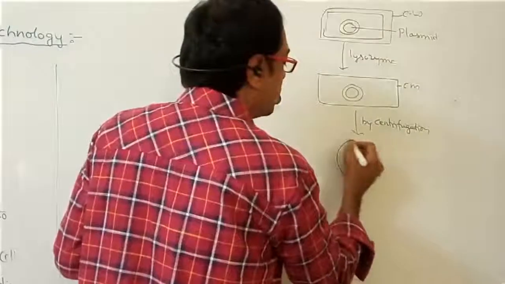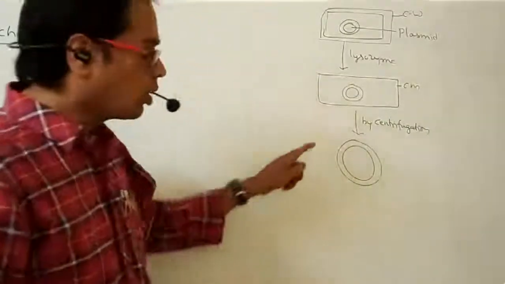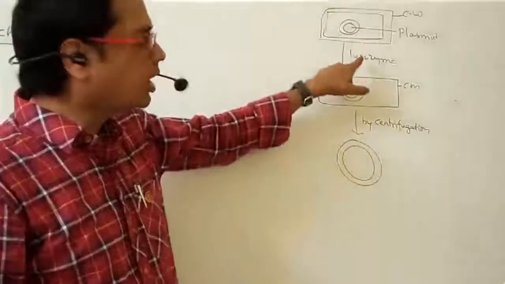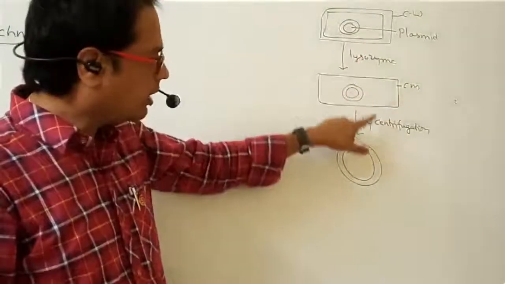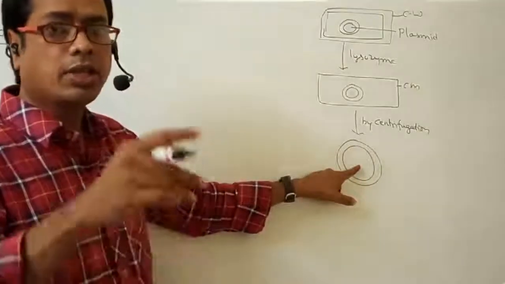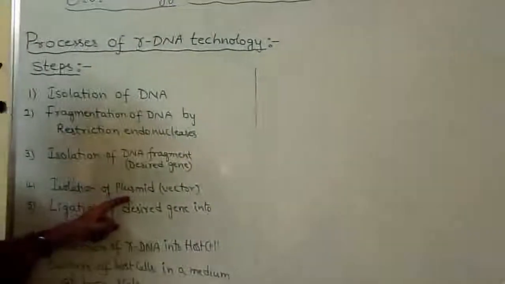Finally the plasmid is isolated. So isolation of plasmid can be done initially by lysozyme and then centrifugation. Finally plasmid is isolated.